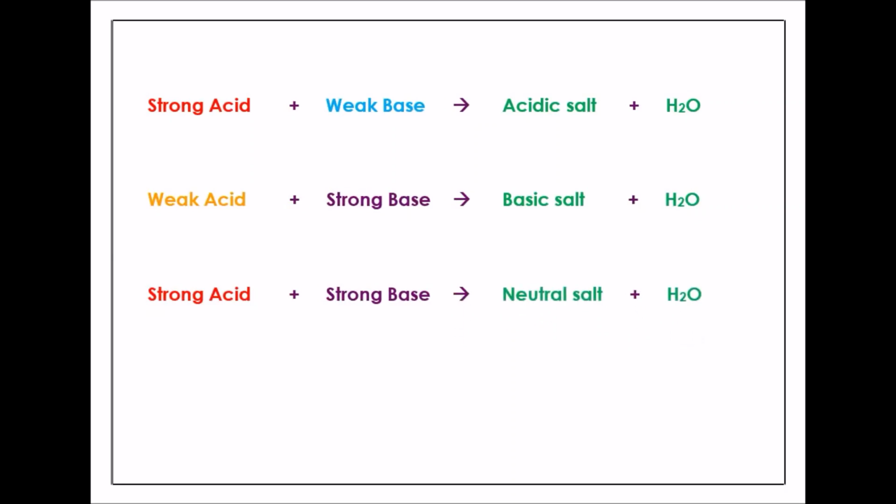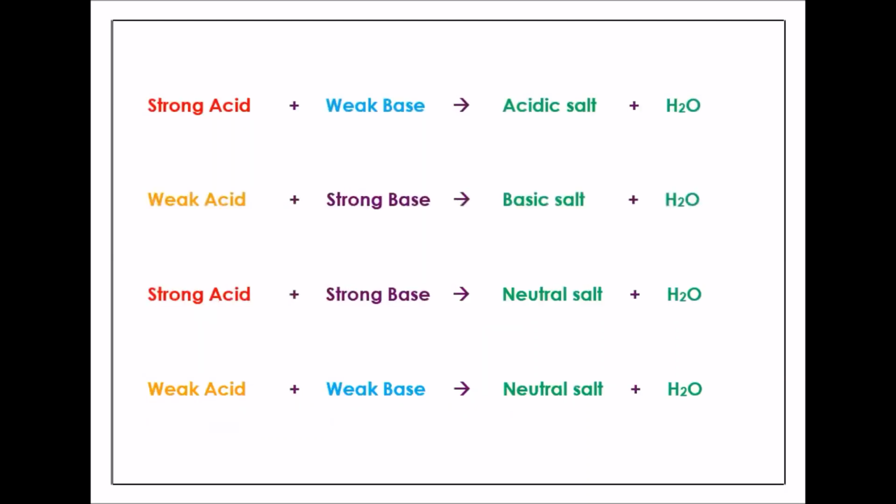Why will we get a neutral salt? Here you see acid and base are both strong. We'll get equal amounts of H plus ion concentration and OH minus ion concentration, which leads to forming a neutral salt. What happens if a weak acid and a weak base join together? Of course, we will get a neutral salt and water. Here also the H plus ion concentration and OH minus ion concentration will be equal.